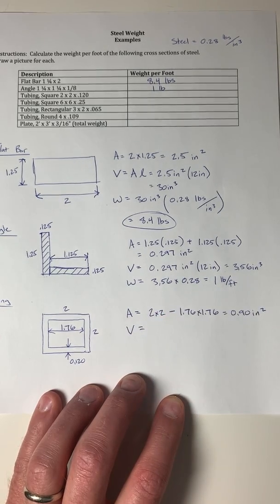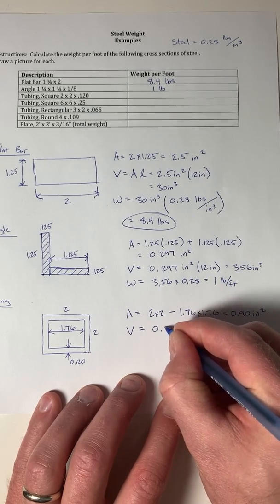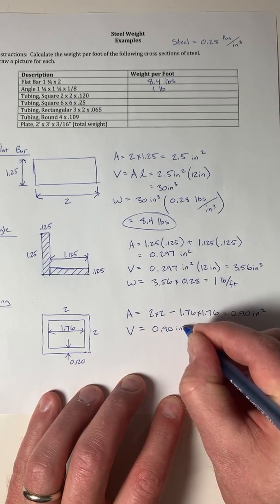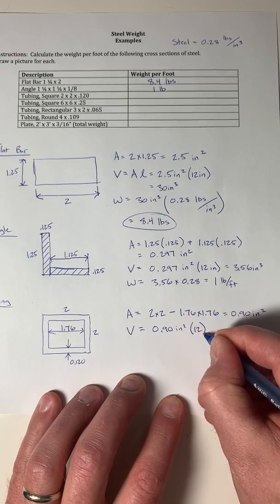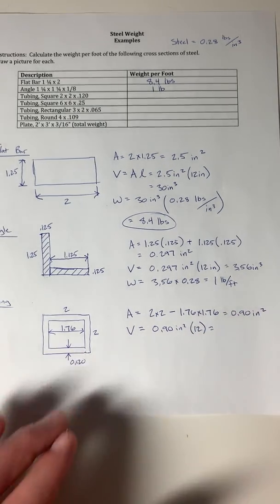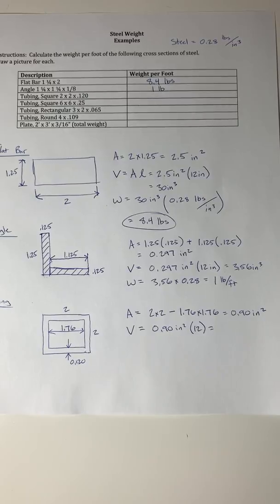The volume, just like above, is 0.90 times 12. And that's 10.8.